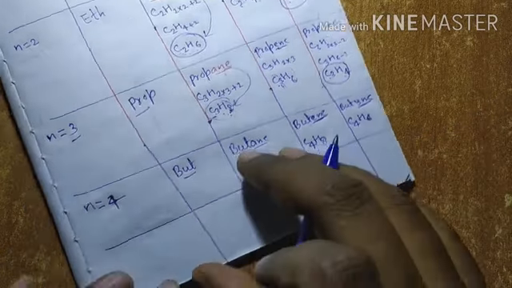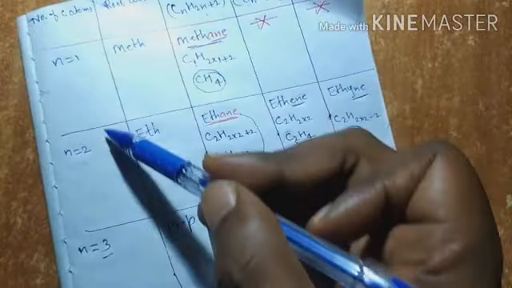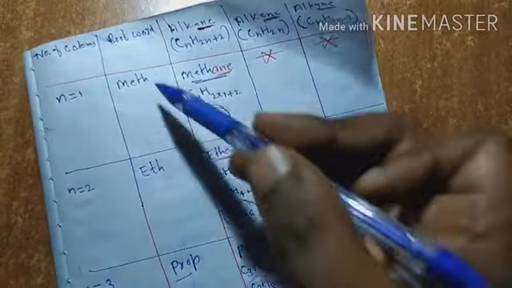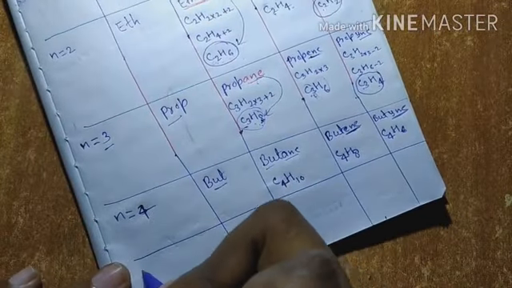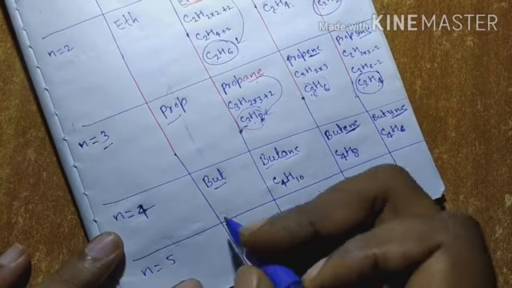Similarly, this is important, this root word is very important, you must know it, you remember it. If n is equal to 5, the root word will be pent.